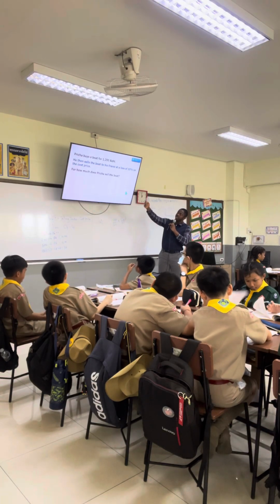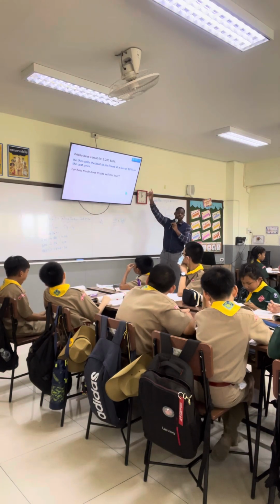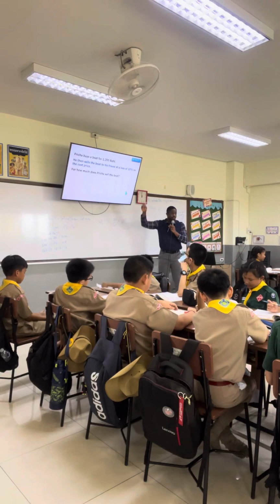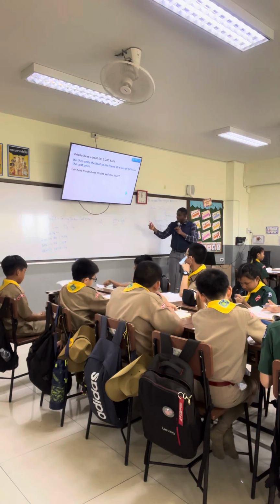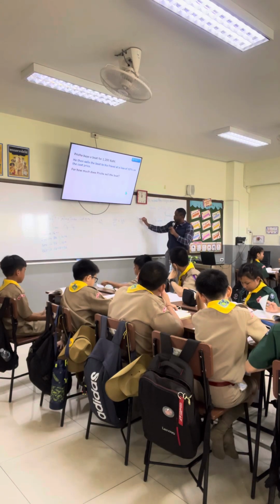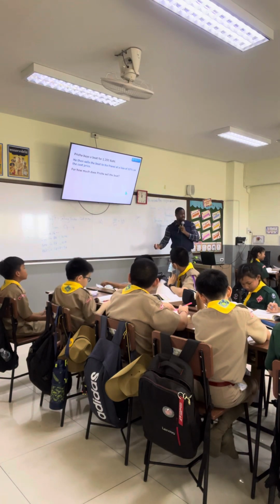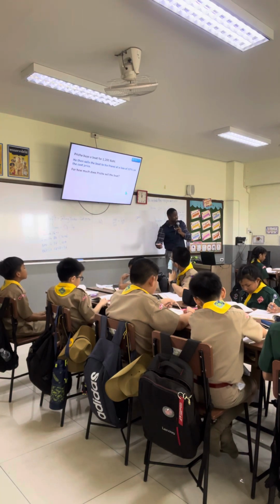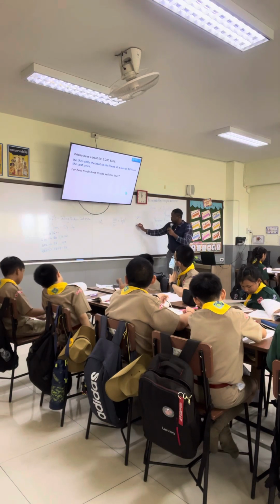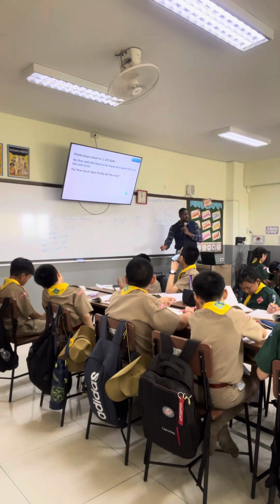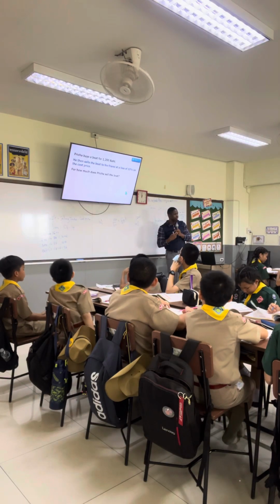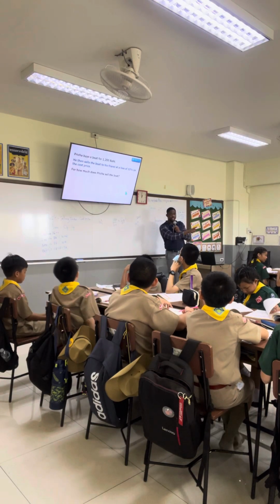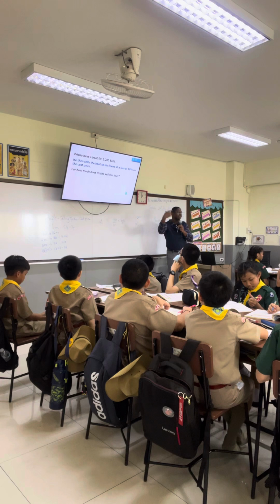So in this case, Preacher buys the book, that is the cost price. If the cost price is 1,200 baht, and Preacher sold it at a loss of 10%, how much did Preacher sell it? Loss 10% means 100 minus 10, right?